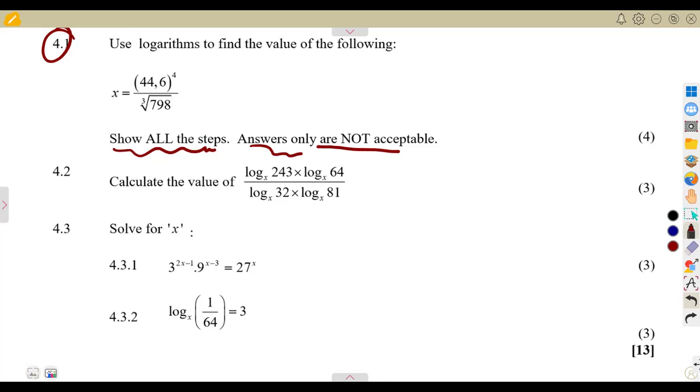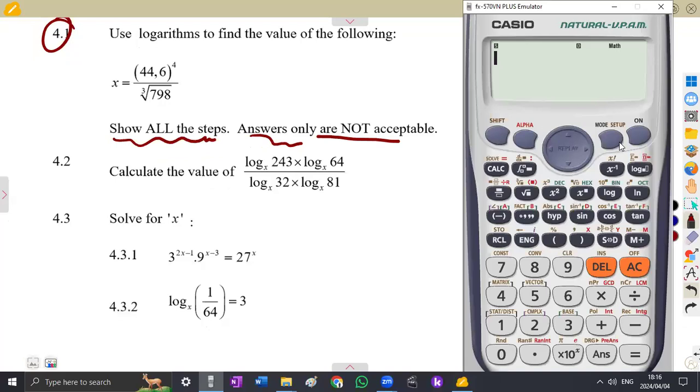Meaning to say, we could have simplified this directly on our calculator. I want us to see this part. This is your calculator here. I'm just going to fix this calculator to 3 decimal places, rounding off like this.